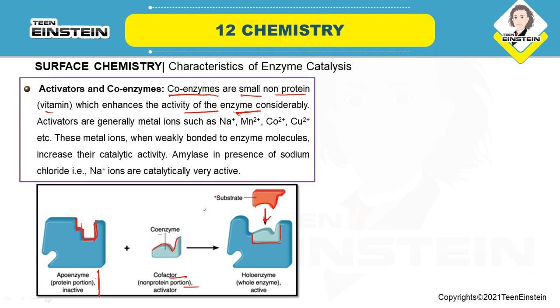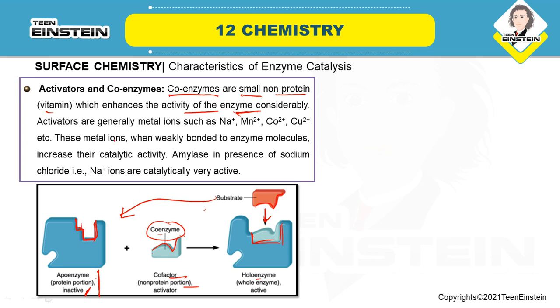But if the substrate approaches directly without coenzyme, there is no matching of shape. So that is the role of coenzyme. When it is inserted here, it is complementary with the substrate structure. So now it is also called holoenzyme. Okay, now it is active, but before coenzyme addition it is inactive. So this is the role of coenzyme.